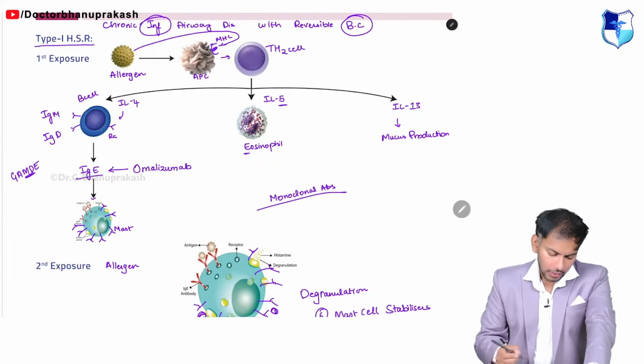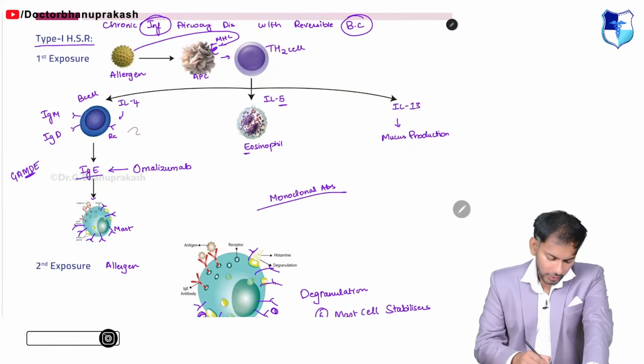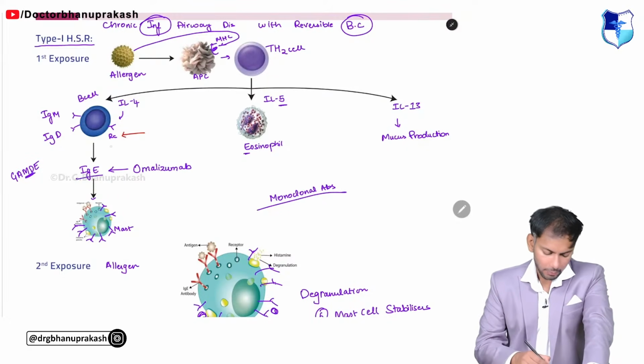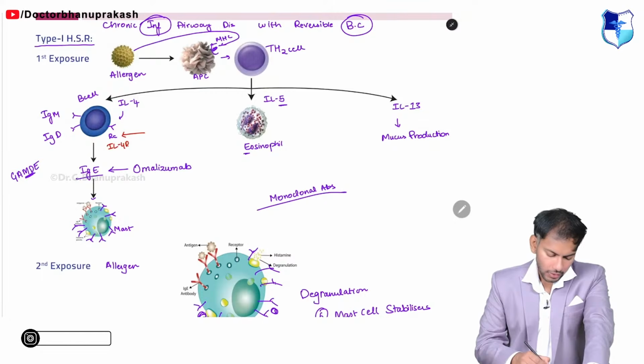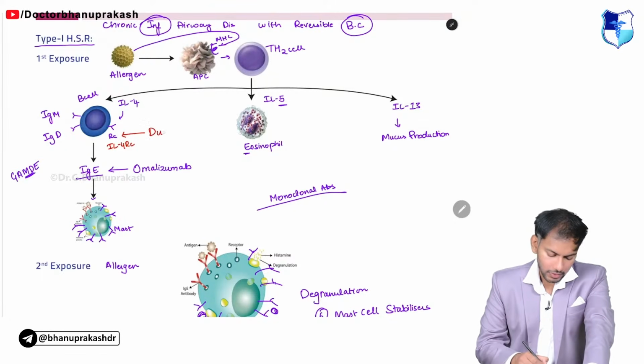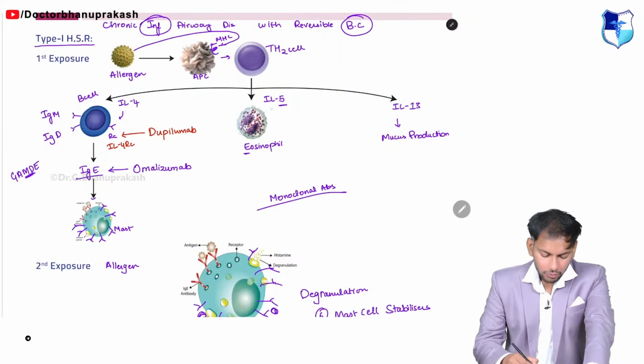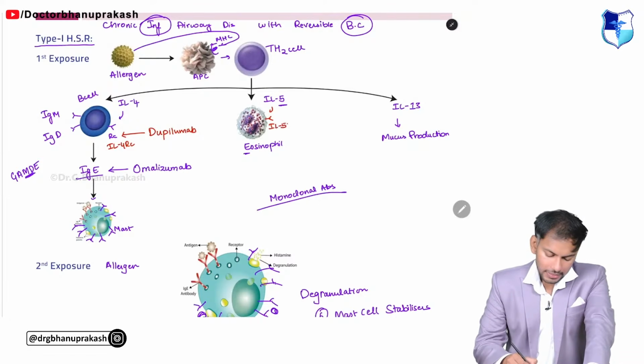Now, IL-4 is binding to the IL-4 receptor, so you can give an antibody against the IL-4 receptor. This is what is known as dupilumab. Now, IL-5 is again acting on IL-5 receptor on eosinophil.